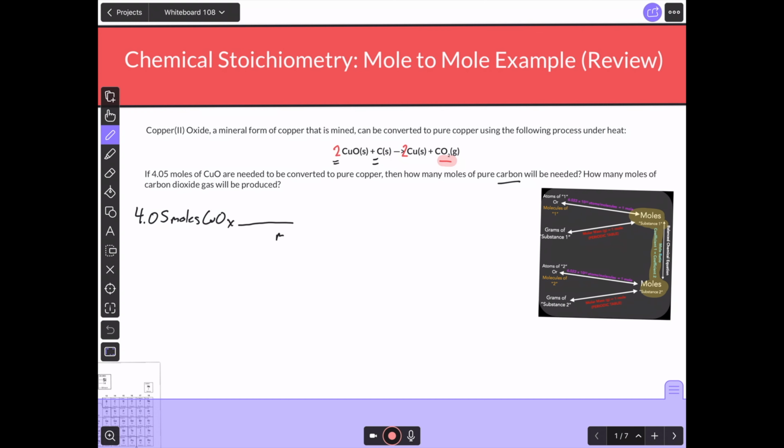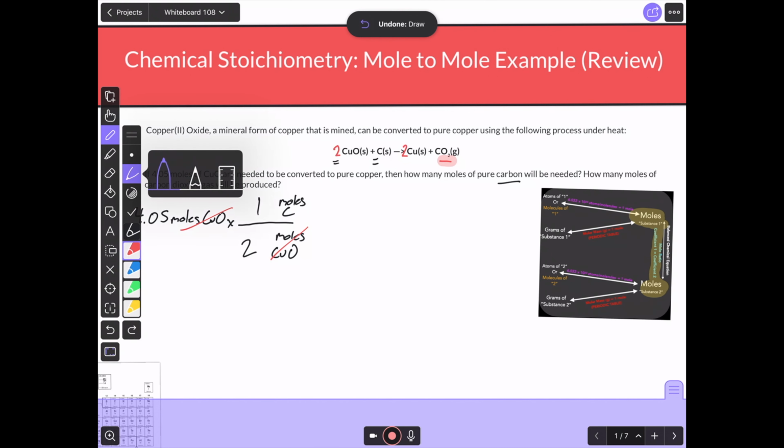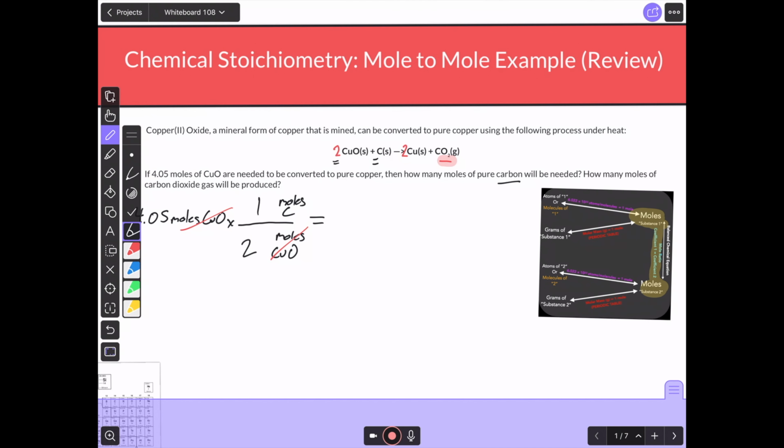Therefore, moles of copper oxide must go on the bottom so they cancel out, and then we're converting to carbon, so moles of carbon will go on top. Our ratio again was 2 moles of copper oxide to 1 mole of carbon. These units will cancel. Therefore, we are dividing by 2 in our first problem.